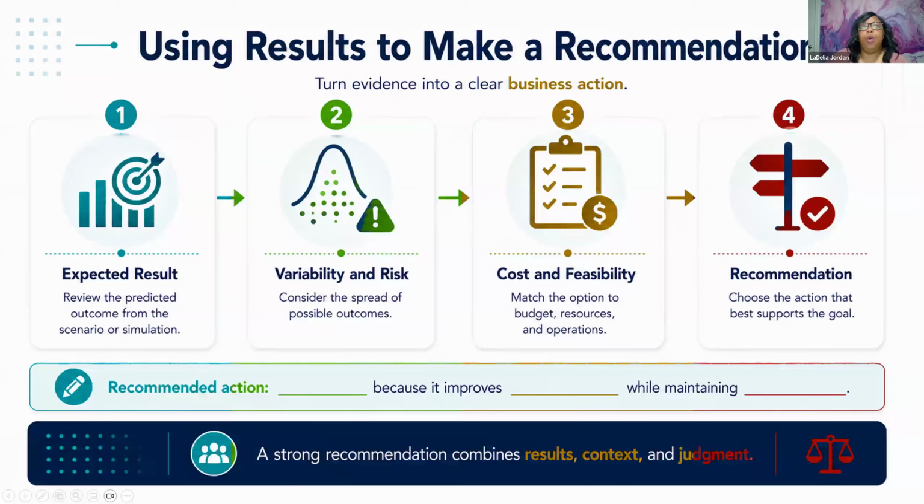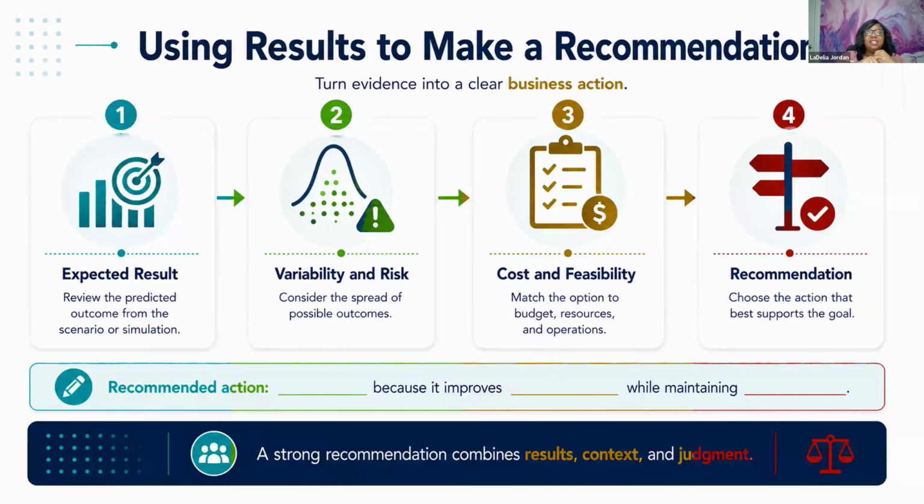Now, a recommendation should follow the evidence produced by the analysis. It should use the numbers in the analysis. So you begin by stating the option you recommend and then include the predicted result for that scenario and compare it with the baseline. Next, explain the cost or the operational requirements connected to the decision.